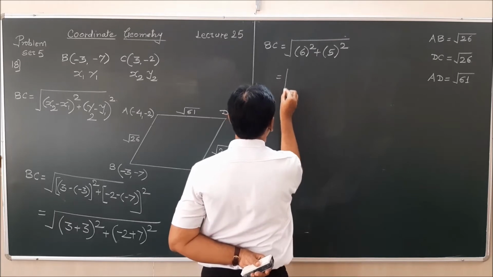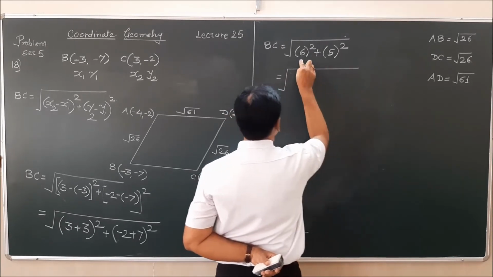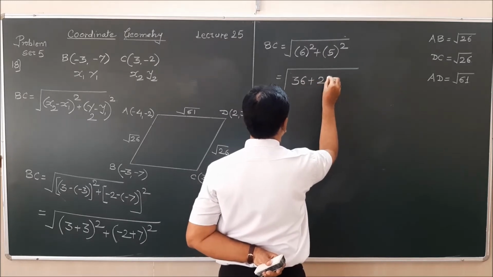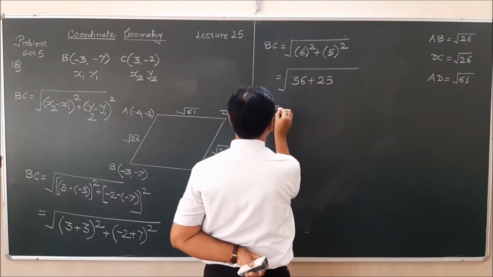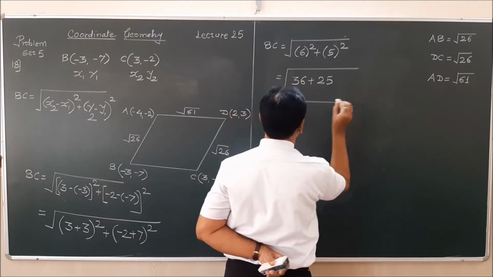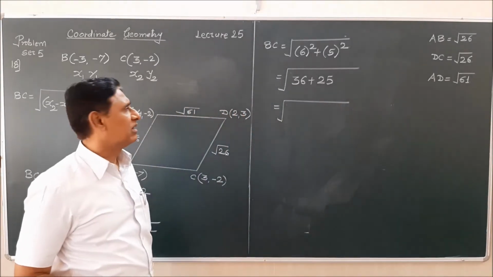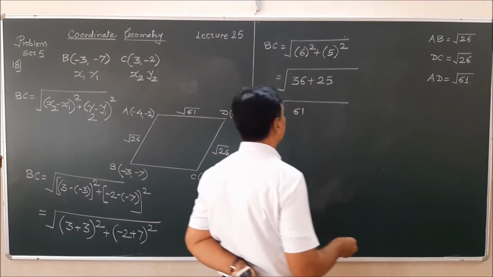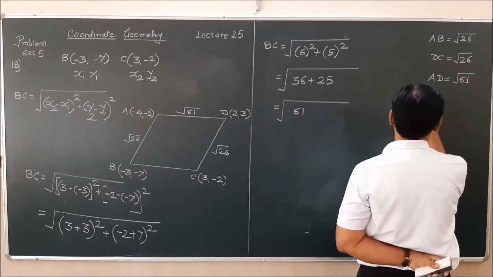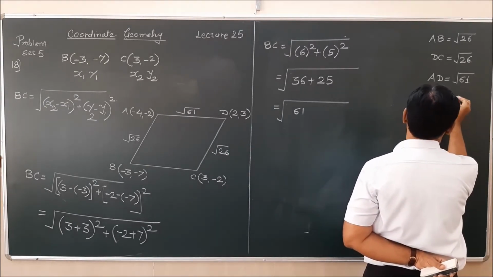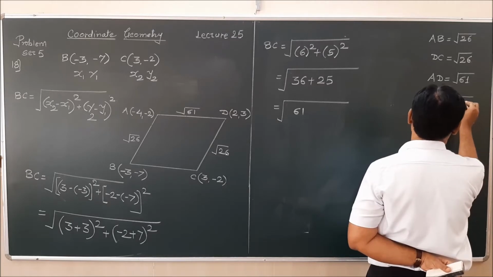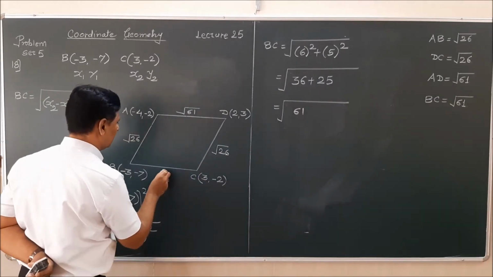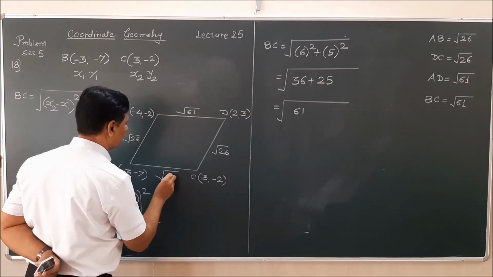That is equal to root of 6 square, you all know, 36, plus 5 square is 25. That is equal to 36 plus 25, again we will get 61. Therefore, BC is equal to root 61.